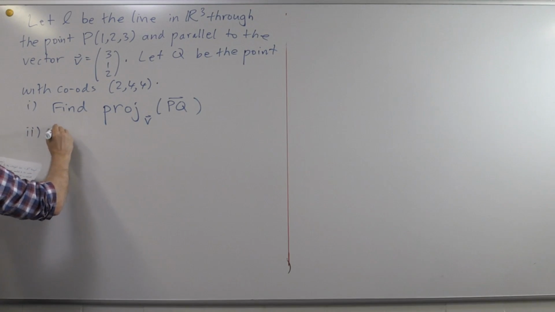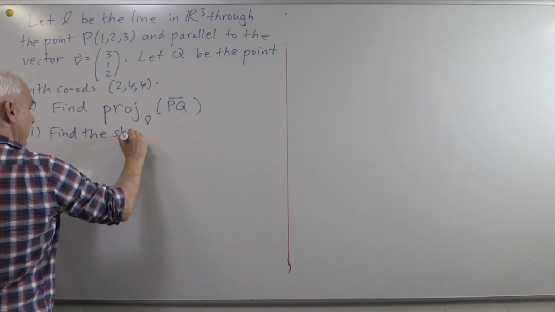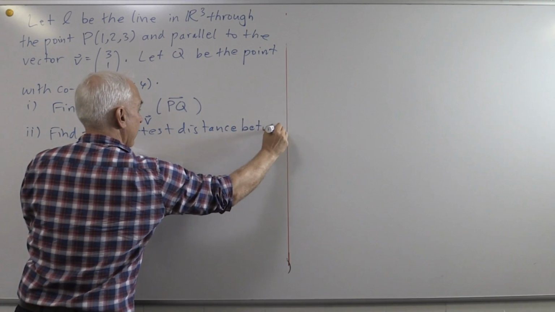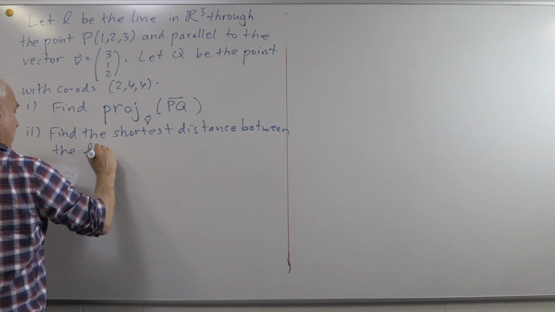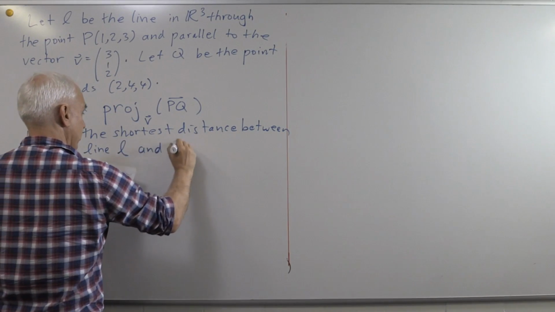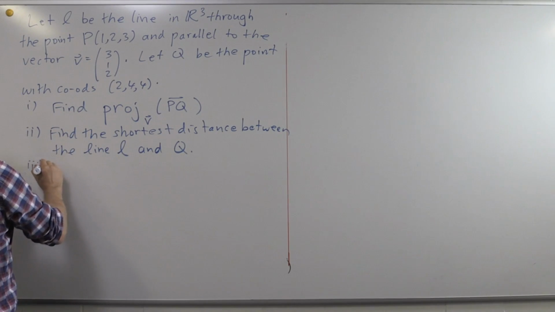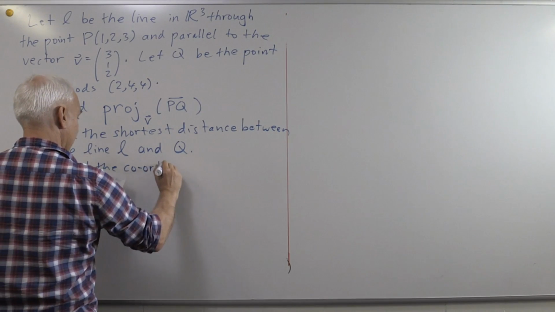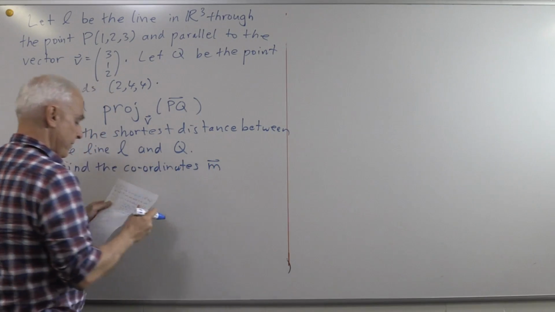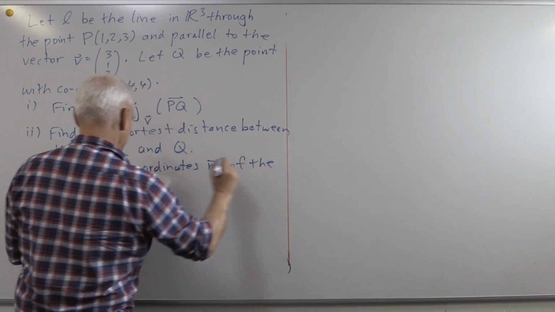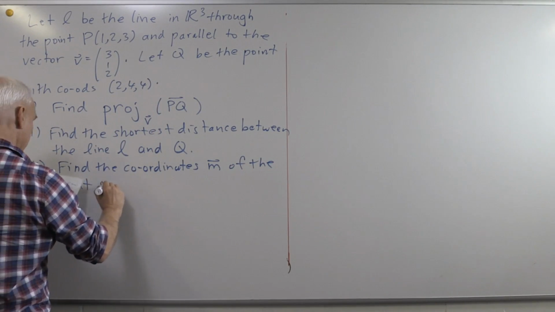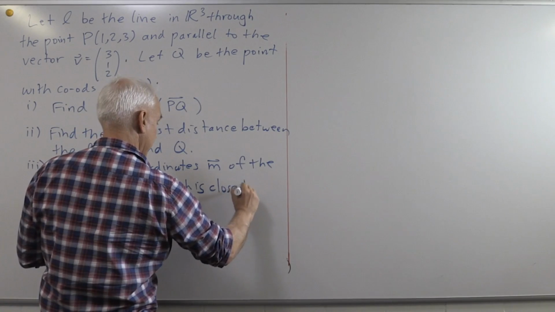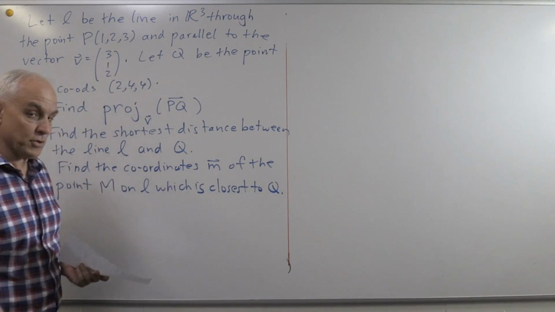And we're asked to find the shortest distance between the line L and the point Q. And finally, to find the coordinates of the point capital M on L, which is closest to Q. Okay, so quite a mouthful there.